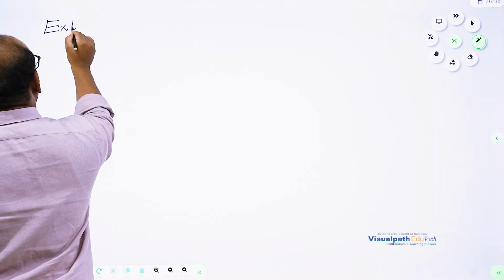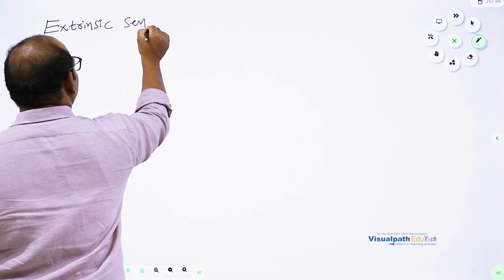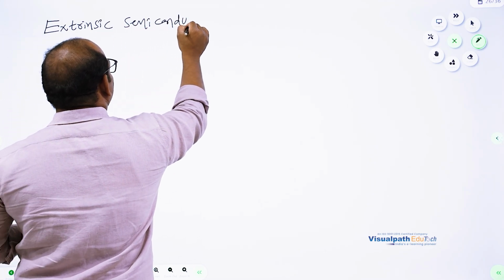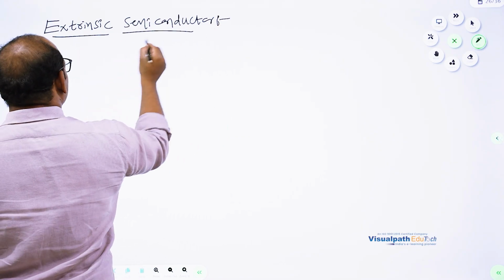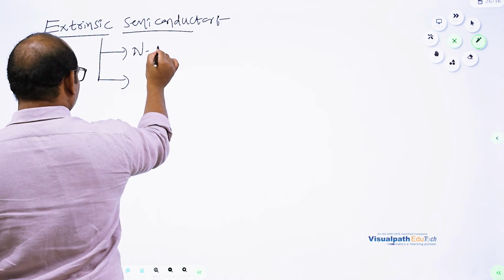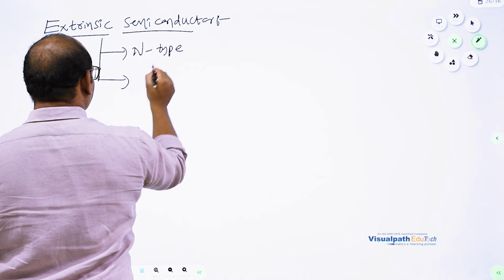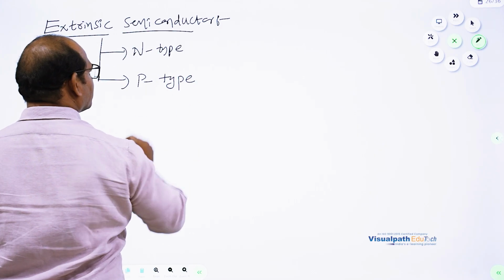Now we will see about extrinsic semiconductors. As I said earlier, we have two types of extrinsic semiconductors. One is N type, second one is P type.